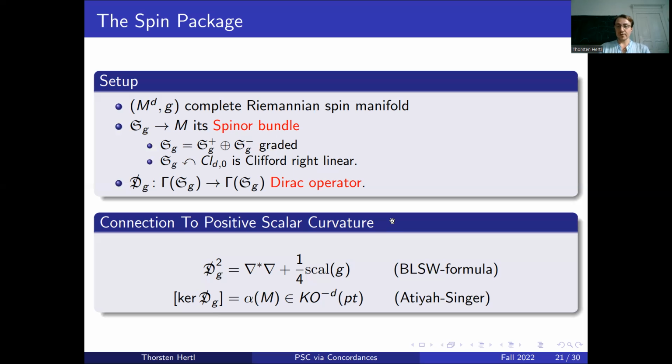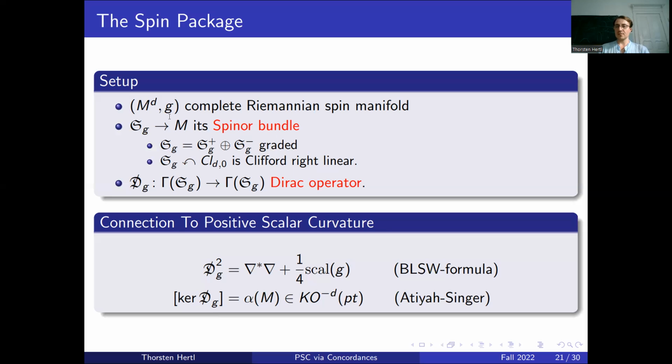Since I work in the Clifford linear setup, my spinor bundle is always graded, independent of the dimension of the manifold. That means it decomposes into the subbundle of so-called positive spinors and into the subbundle of so-called negative spinors. And we also have a right action by the Clifford algebra in the degree of the dimension of the manifold.